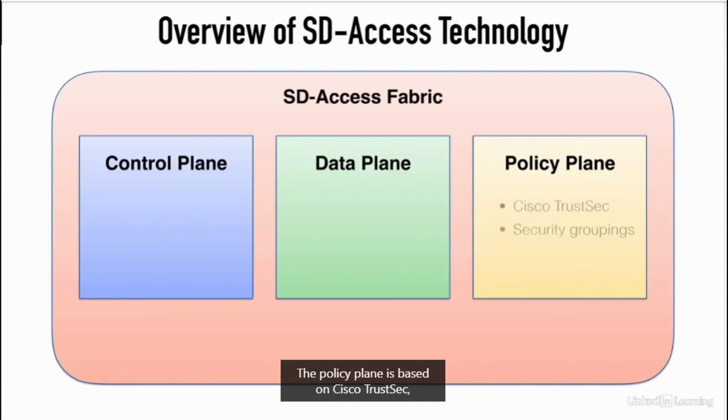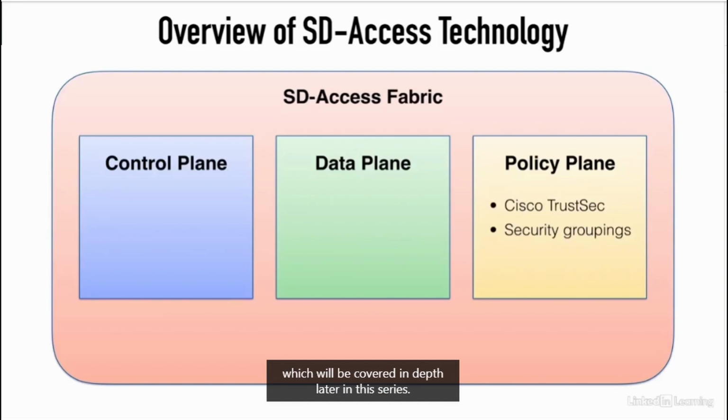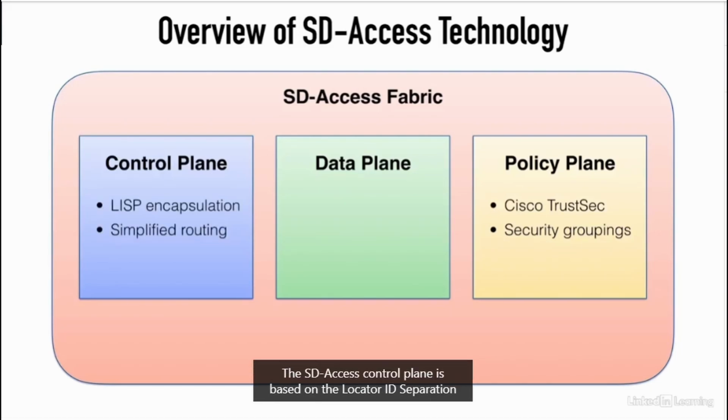The policy plane is based on Cisco TrustSec, which will be covered in depth later in this series. TrustSec helps to create the security groupings that we mentioned earlier, so that policies can be based on identities rather than IP address schemes.